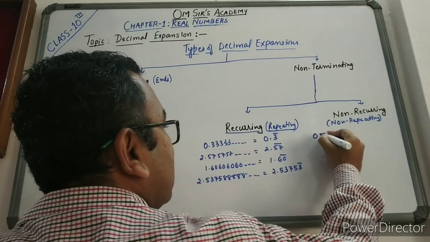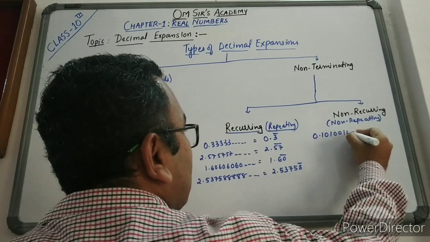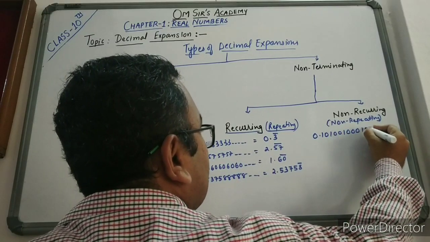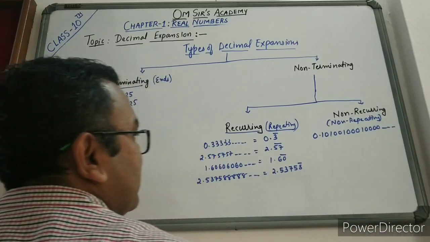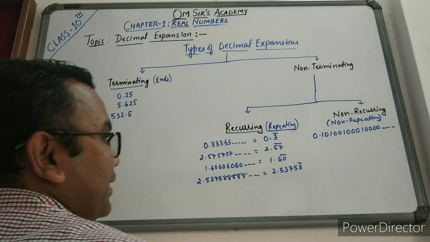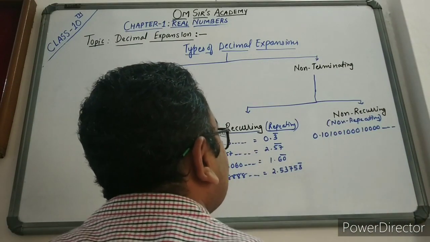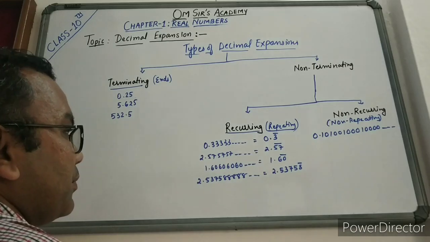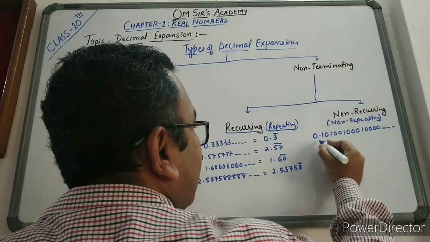Say for example the decimal expansion is 0.10100100010000 dot. That means this series continues, but there is no repetition of the same numbers. So that's why this is called non-recurring.